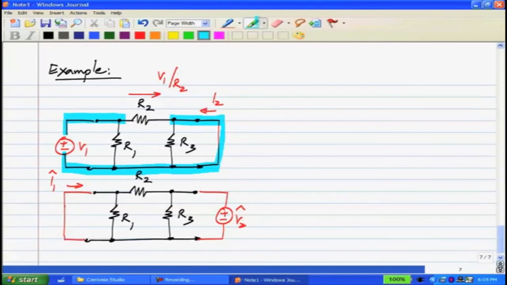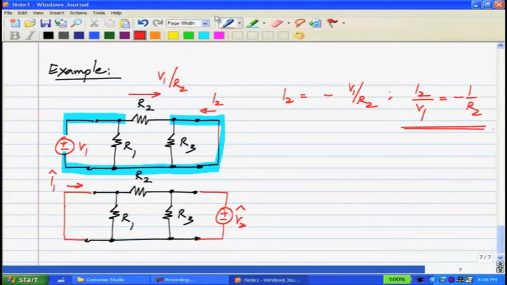That's because of the directions chosen. V1 by R2 is flowing from left to right, whereas I2 is taken as from right to left. So I2 equals minus V1 by R2, or I2 by V1, which is response by excitation, equals minus 1 by R2.